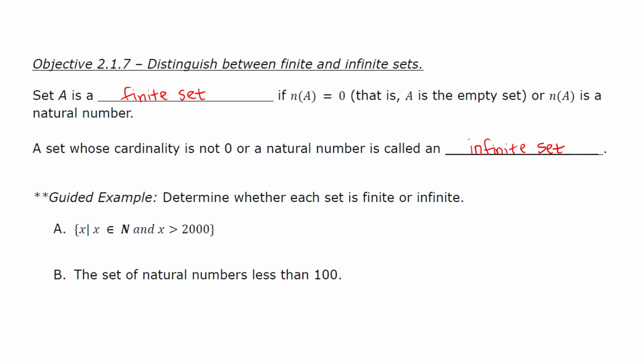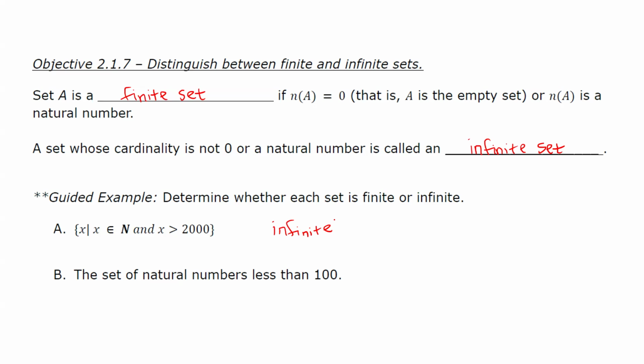Are we able to identify the cardinal number of this set? We want all of the numbers that are an element of the natural numbers, so that's all the counting numbers, and they are greater than 2000. That's a lot of numbers. That's going to go on forever.